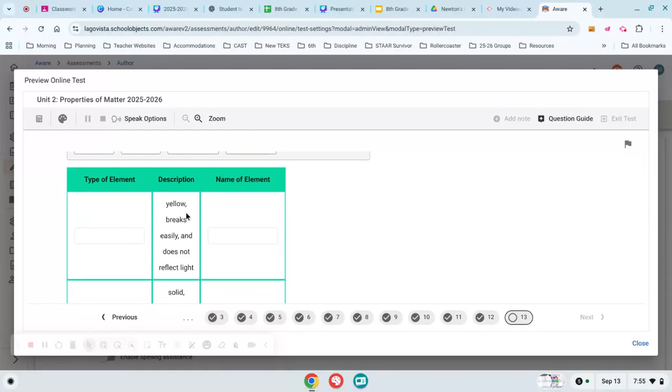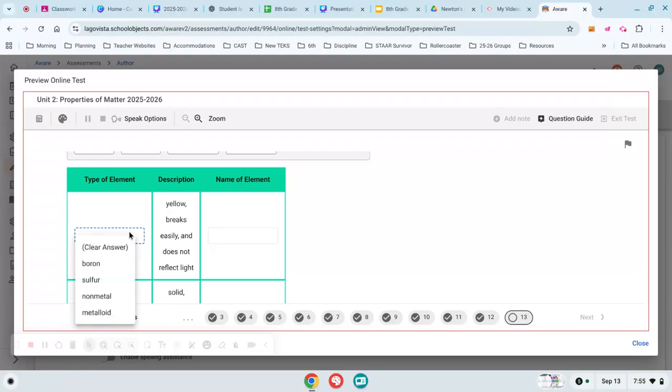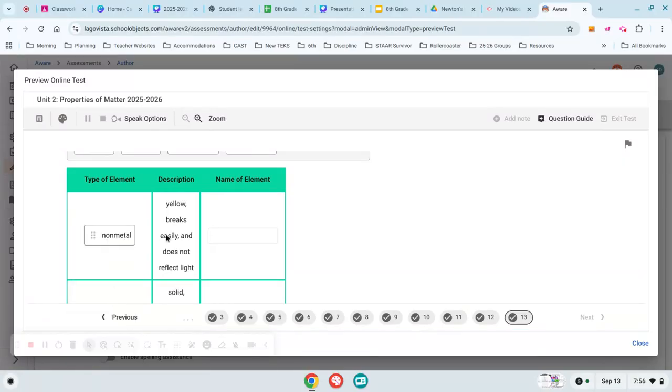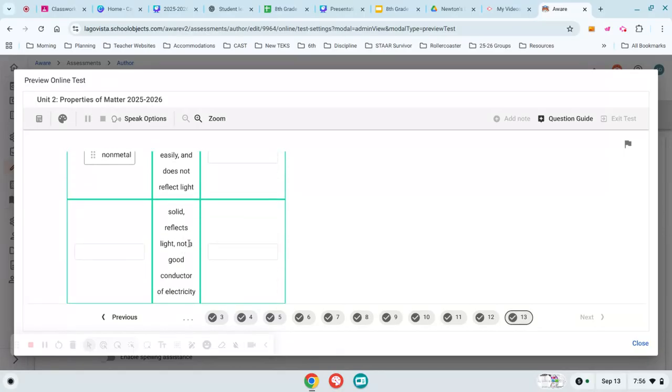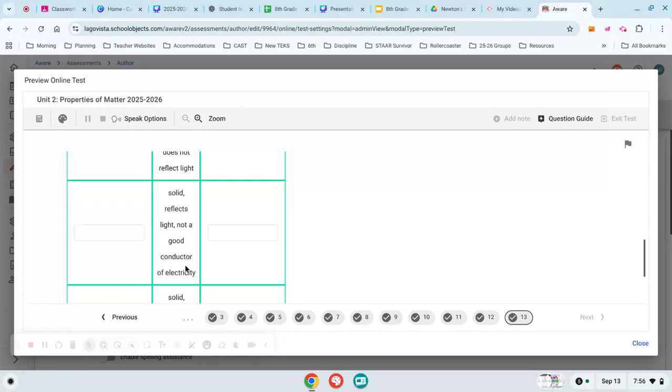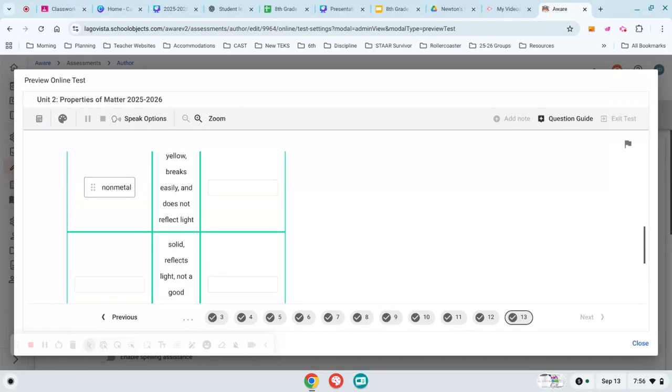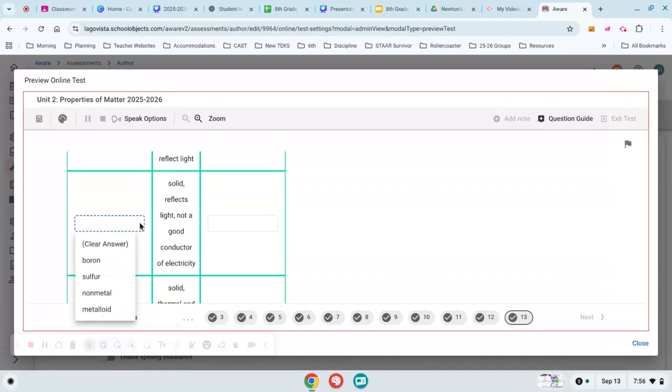So this one says it's yellow, it breaks easily, and does not reflect light. So that sure sounds like a nonmetal to me. It's solid, reflects light, not a good conductor of electricity, but it doesn't say that it doesn't conduct electricity. So that would tell me it's a metalloid.